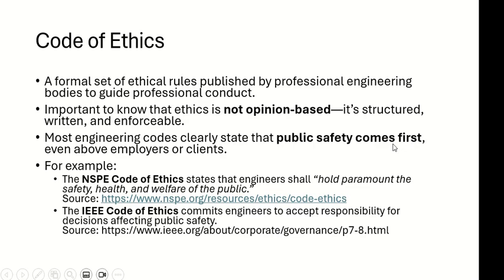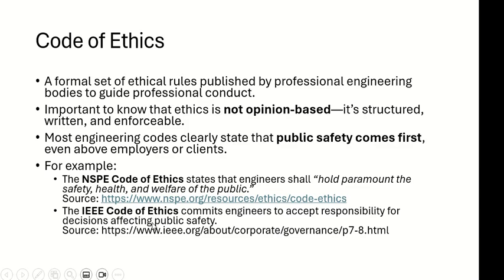So we don't have one code of ethics, we have multiple of them. A couple of them are mentioned here. IEEE is mainly for electrical engineers, but because we are using so much AI and electronics even in civil engineering, there could be some things which we can get from this code of ethics as well.